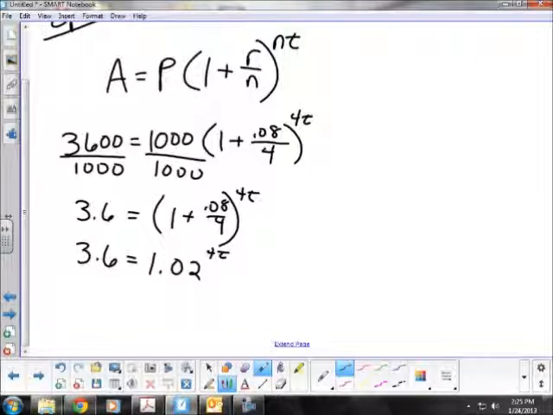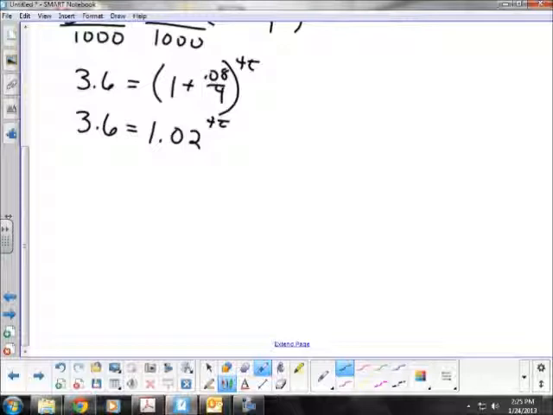Now I've got to do what? Anytime my variable's in my exponent, I take the ln of both sides. So I'm going to do the ln of 3.6 is equal to the ln of 1.02 to the 4t. Now I'm using one of those properties that we learned in Section 3.